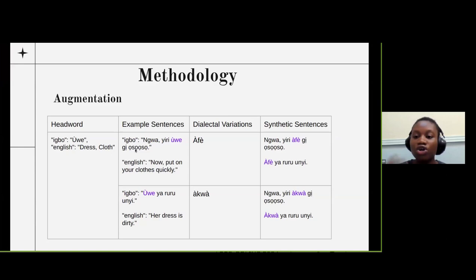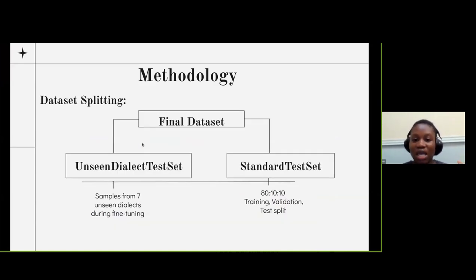So what we did was to create a synthetic sentence from these example sentences so that it has these dialectal variations. And these sentences are exactly the example sentences, just changing the dialectal variation with the head words. When we finished this, we added these synthetic sentences to the original data set, and it created a larger final data set, which we split into two.